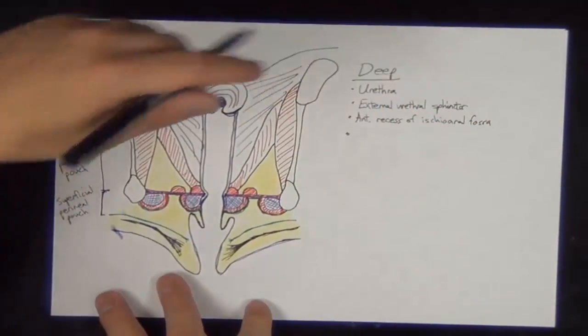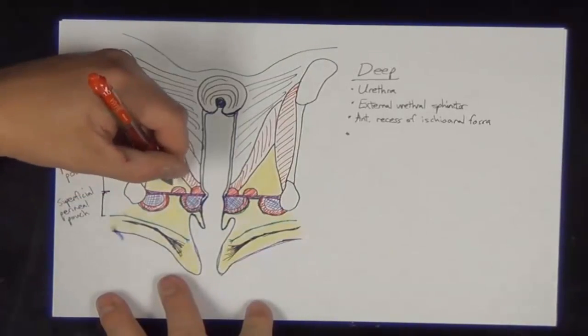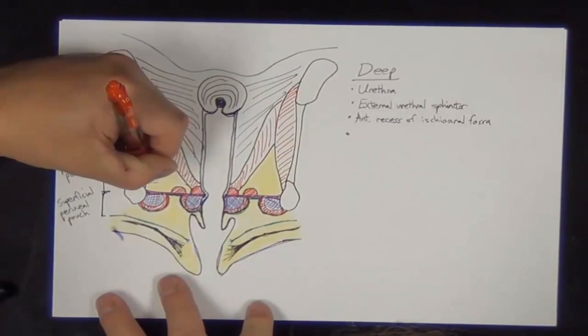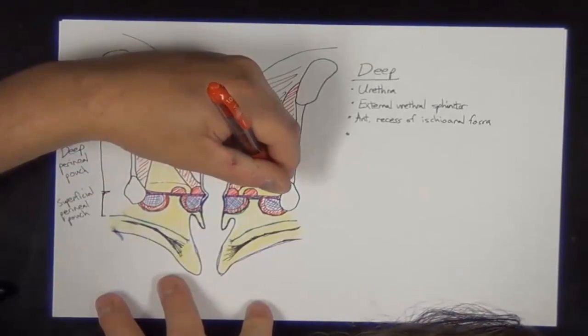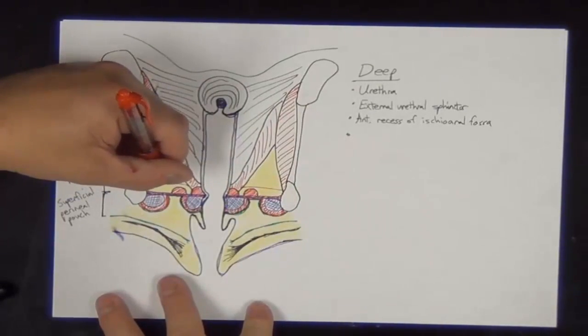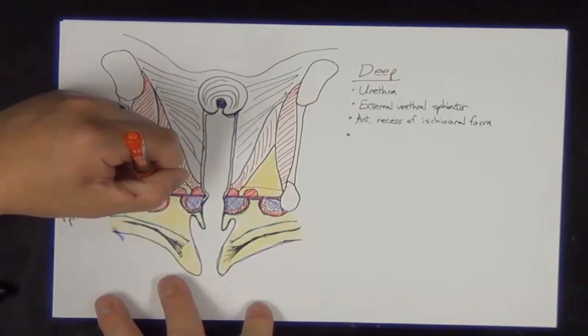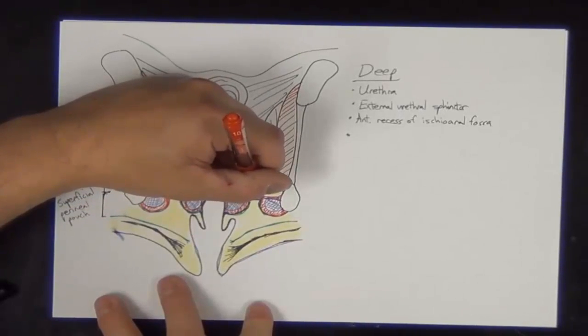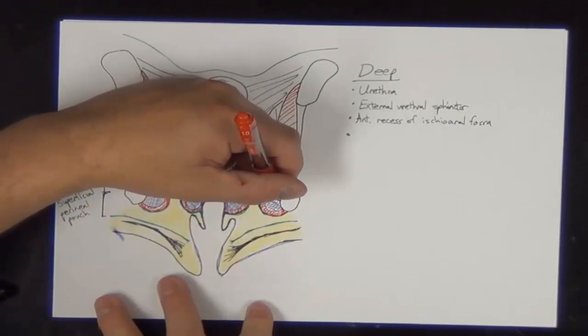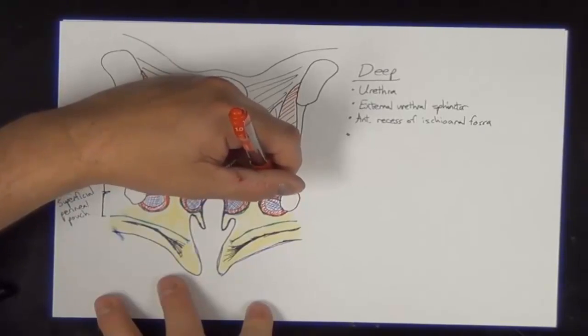And one thing that's interesting in the female is that, unlike the male, where we have a deep transverse perineal muscle back here, in the female, according to Moore, Dalley and Agur's Clinically Oriented Anatomy, 6th edition, there's actually a layer of smooth muscle on the posterior wall of the perineal membrane, and we'll draw that in here, a little shaded in because it's out of the exact frame we're in.